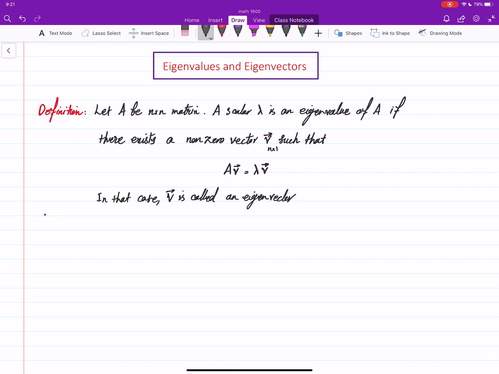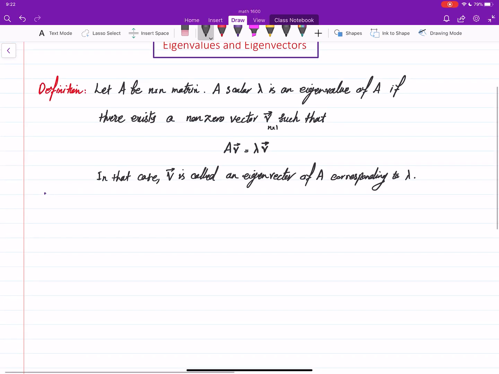So this is a vector, while the eigenvalue is a number, of A, corresponding to the eigenvalue lambda.